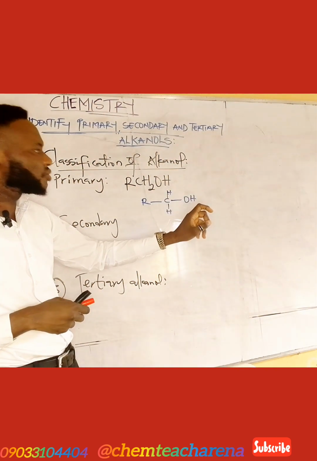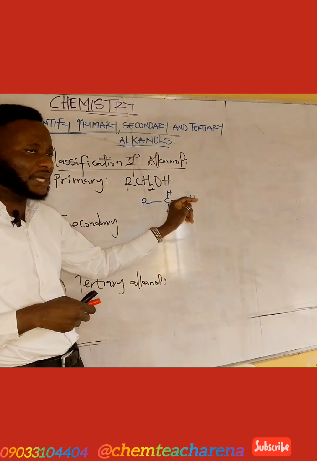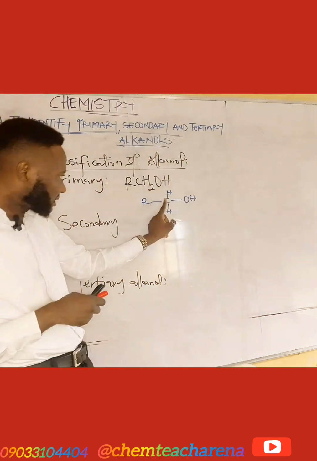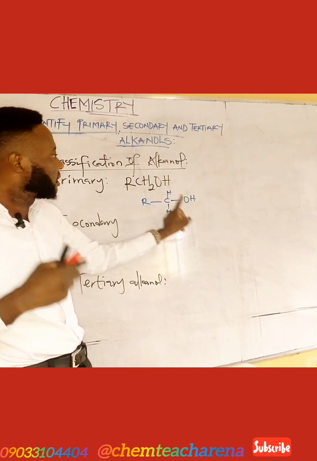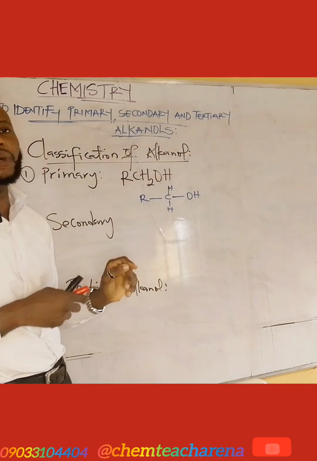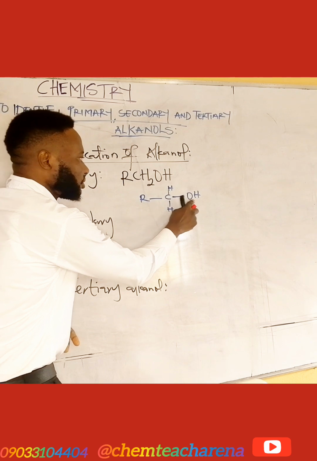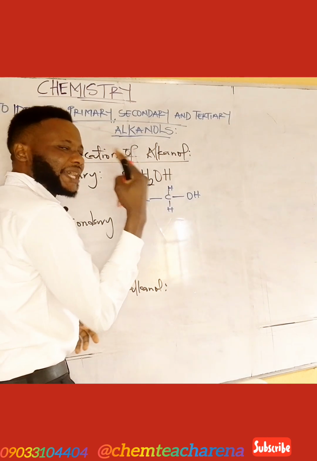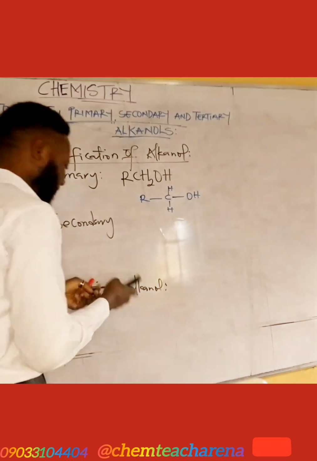How many hydrogens does that carbon bearing the hydroxyl have? It is 2. So since this carbon bearing the hydroxyl has 2, the alkanol is primary, because the carbon bearing the hydroxyl has 2 hydrogen atoms. That is for that one.